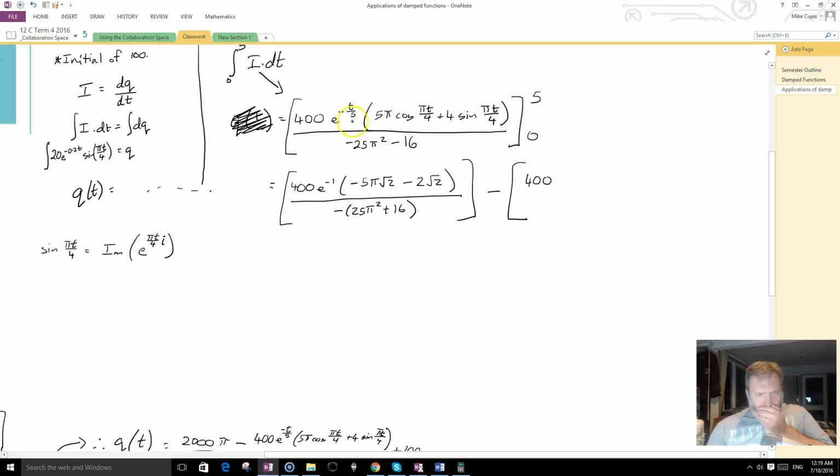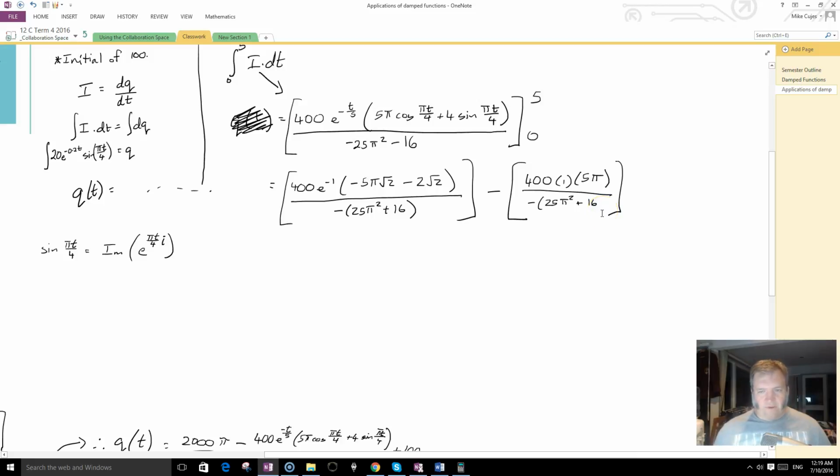400 e to the 0 is 1. I'll put that in there just in case you come and look at it and go, where did that e go? I'm putting it in here. Cosine of 0 is 1. Okay, so that's good. So that's going to be 5 pi. The sine of 0 is 0. So that's all I'm going to have for that bit there. And again, this is over negative 25 pi squared plus 16.